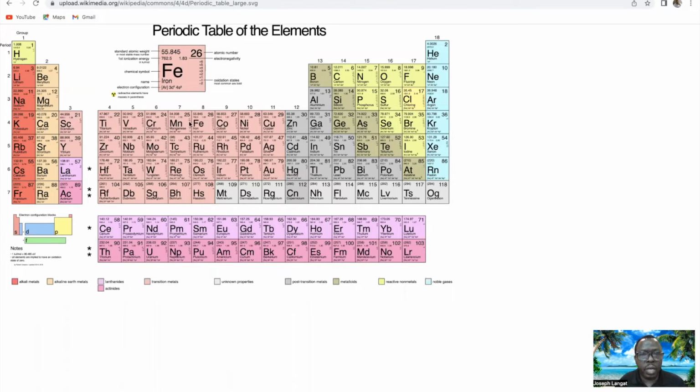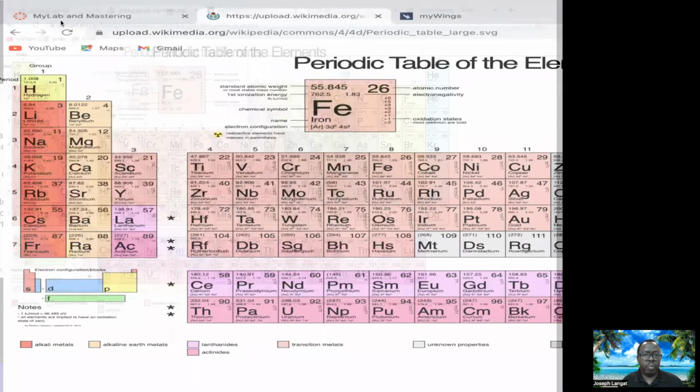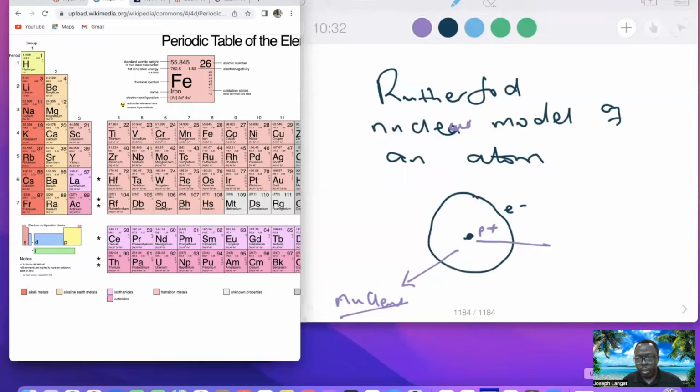You can also look at cobalt and nickel. Cobalt is 58.93, whereas nickel weighs 58.693. It weighs less. So if we copy Mendeleev's approach of organizing the periodic table elements, they will be mixed up.